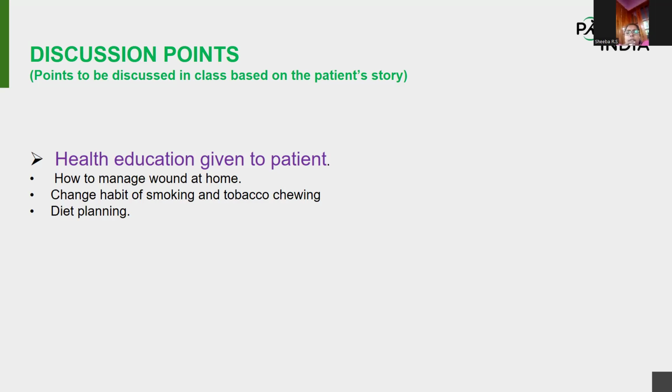Any other suggestions? In hospital there are many ways, but at home we can teach these kinds of things. Burial is also another way. If they have land, they can do that.